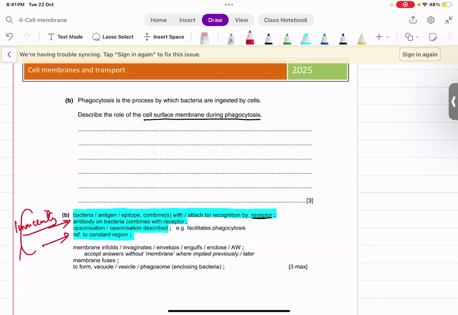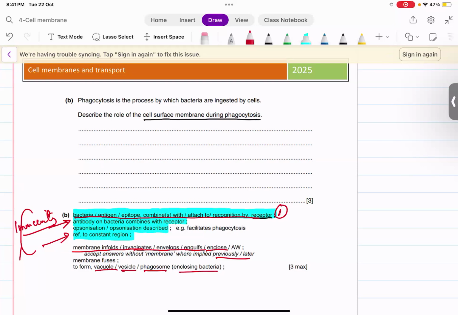What we need to discuss here is the first point: bacteria attached to the receptors on the cell surface membrane, and then the membrane folds inward, invaginates, envelops, engulfs, or encloses the bacteria or foreign particle, and then the membrane separates as a vacuole, vesicle, phagosome, phagocytic vesicle or endocytic vesicle.